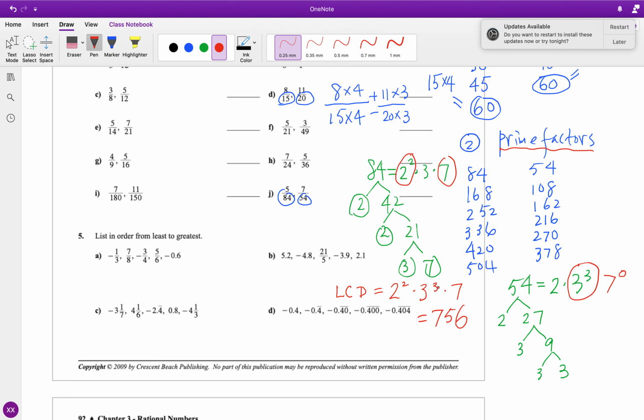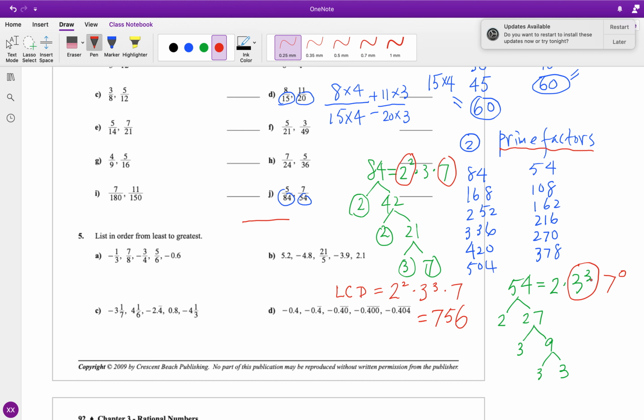Now here also it says, okay, well then how do I figure out 84 is how many multiplied by how much to get 756? Well, let's see this. So 84, you have 2 to the power of 2, and you have that. So as a matter of fact, you only need to multiply by 3 to the power of 2.